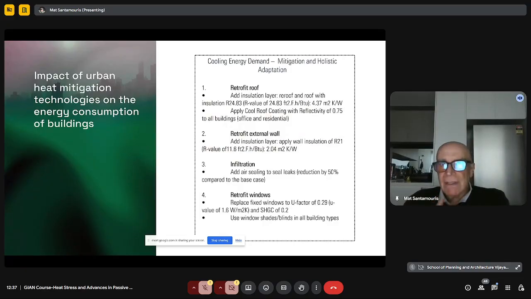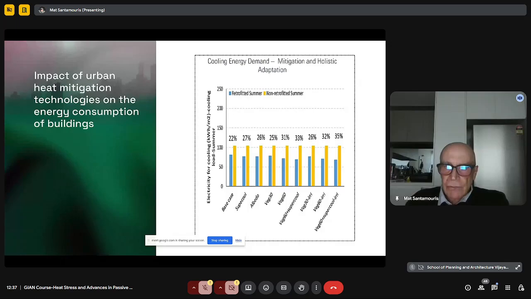And we consider several retrofitting scenarios for the external wall, for better ventilation and infiltration, better windows, and a number of measures which are simple but can be done easily. So in this case, the combination of adaptation and mitigation technologies can really offer a decrease of the cooling demand in Riyadh by 36%.